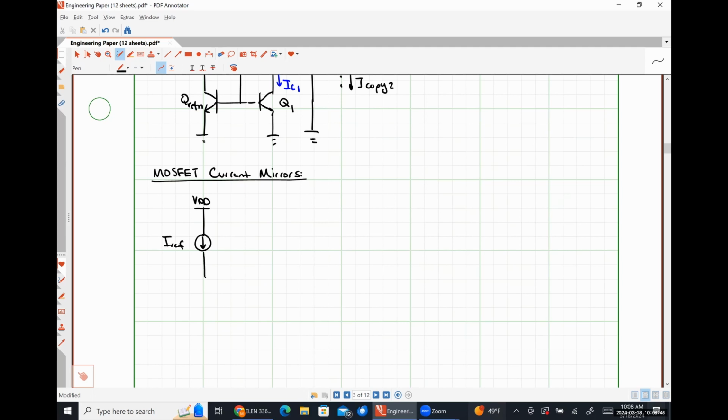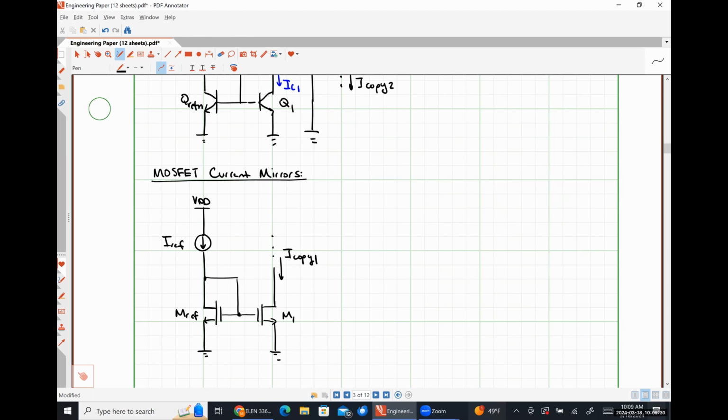Here's our reference current. Here's our MOSFET MREF. And we'll diode connect these guys.